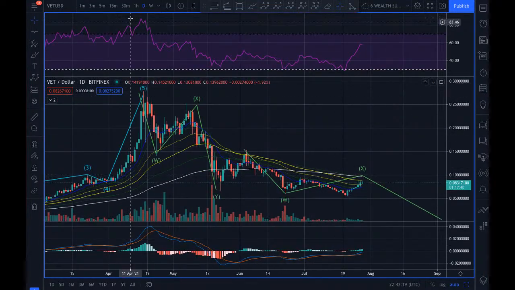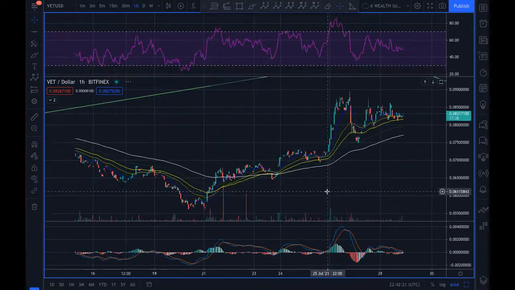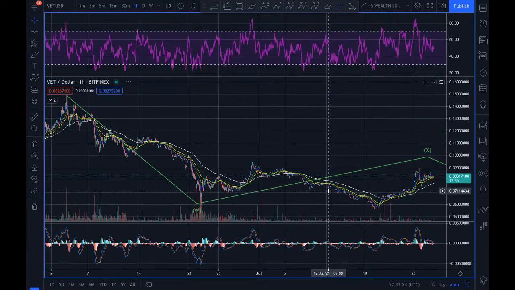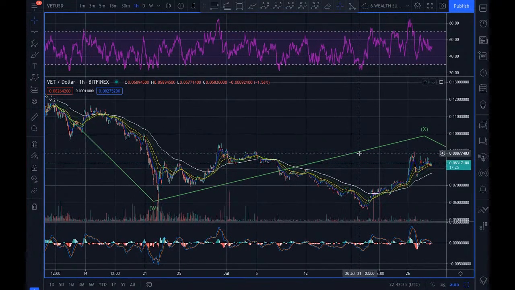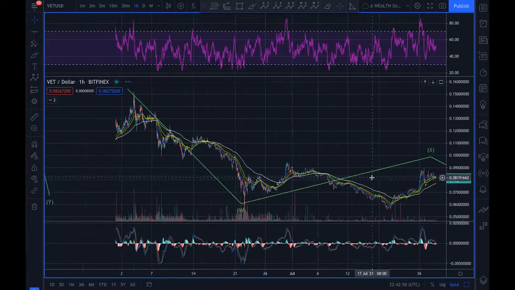But let's take a closer look. Could have one more small wave up here to finish out that. This pattern looks strange. It doesn't look finished.